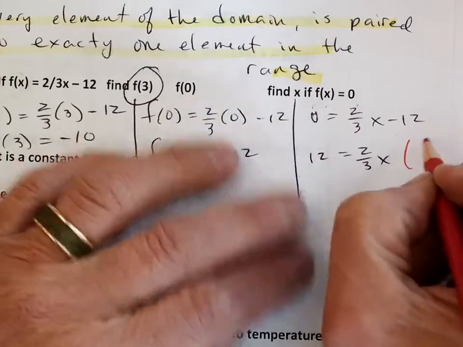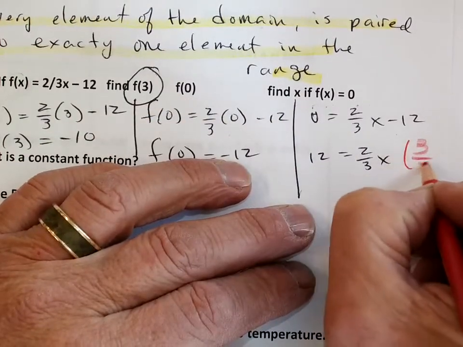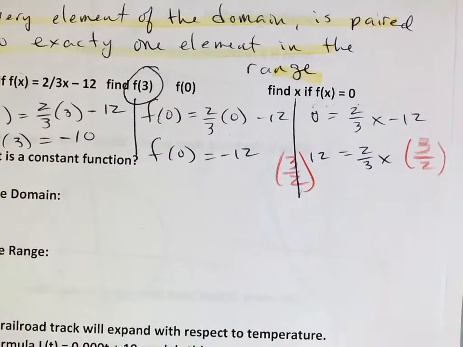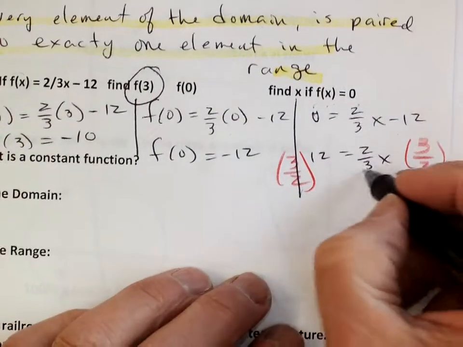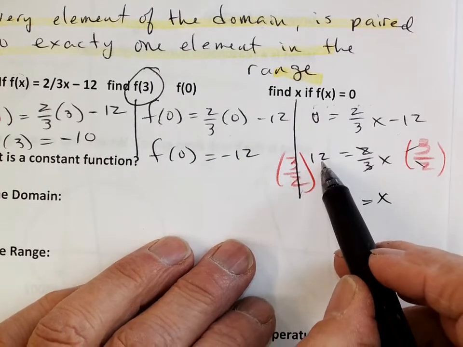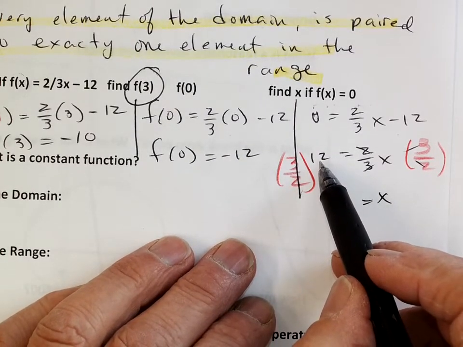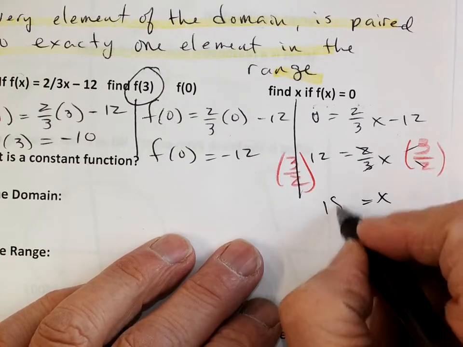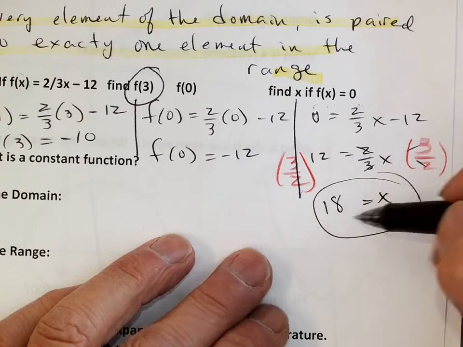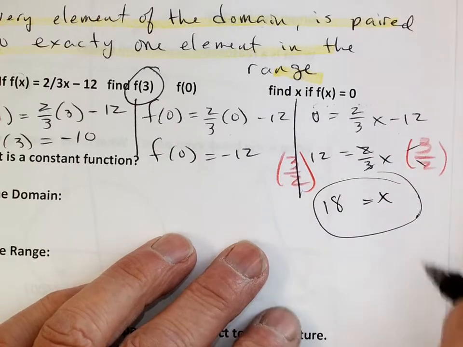So if I multiply by 3 over 2 and multiply this by 3 over 2, it's just faster. So x equals, okay, 2 goes into 12 6 times, and 6 times 3 is 18. So this is also a point, but it'd be a point at 18, 0.